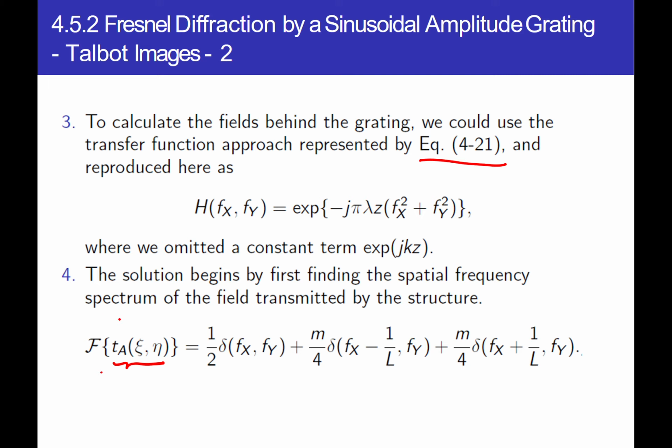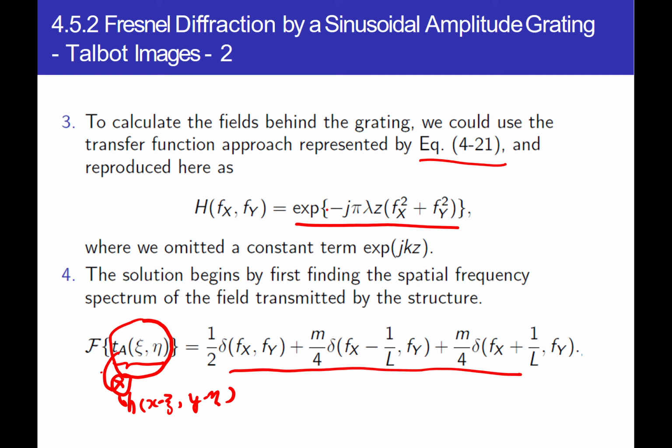The actual pattern is the convolution of this with the impulse response function. But in the Fourier domain, it's just a multiplication of these two. You just multiply them together, and then you do the inverse Fourier transformation.